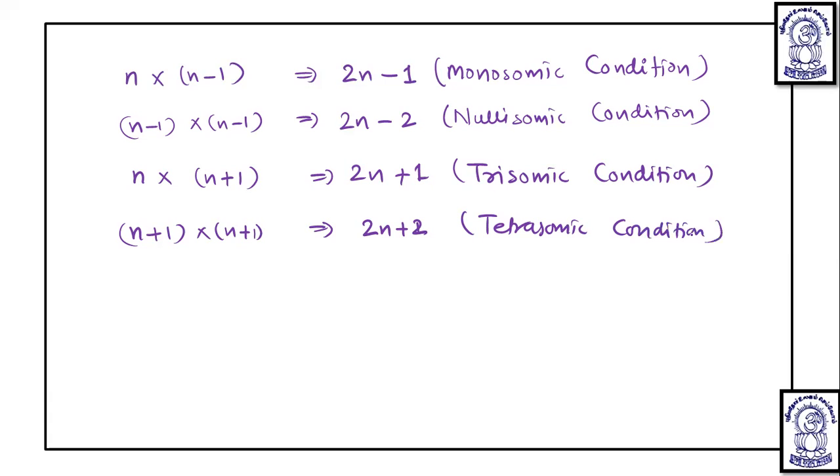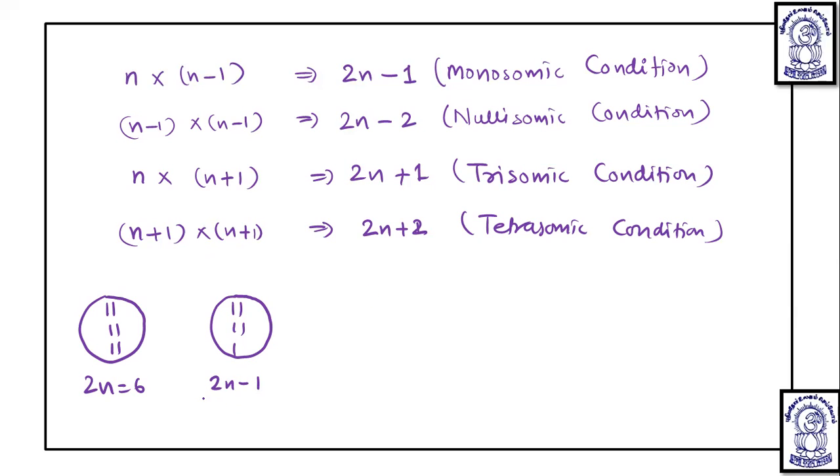So with respect to 2n, if 2n is equal to 6 and we form all variants of this, then 2n minus 1, that is the monosomic, you will see that one is absent. So the total number of chromosomes is going to be 5.